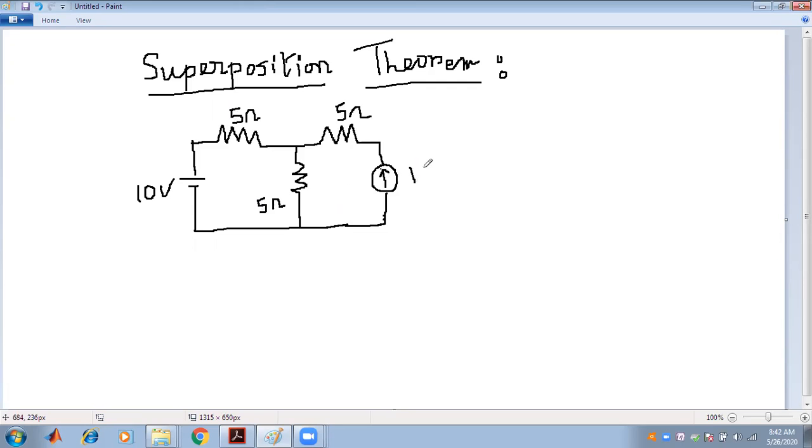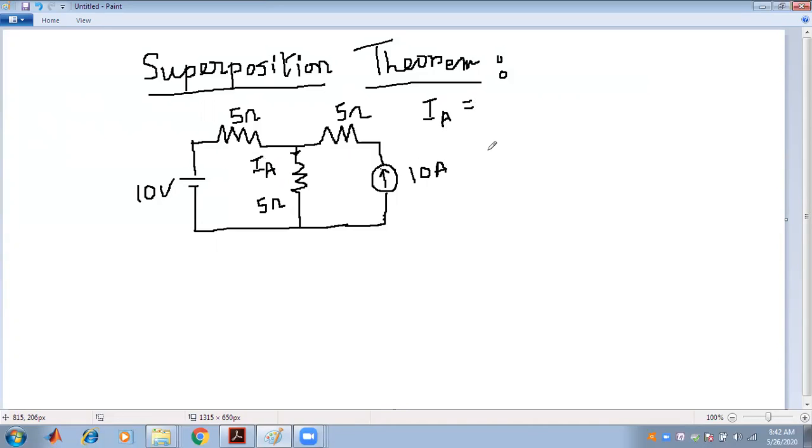With the help of the superposition theorem, we have to find the value of IA, that is, the current flowing through the 5 ohm resistance.